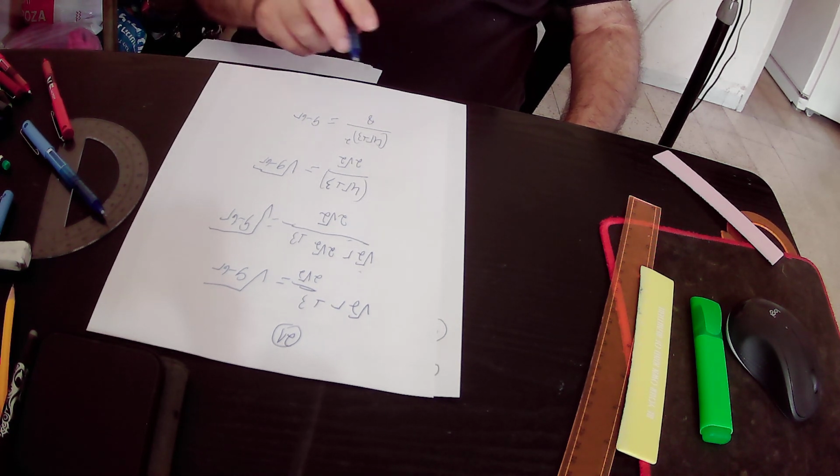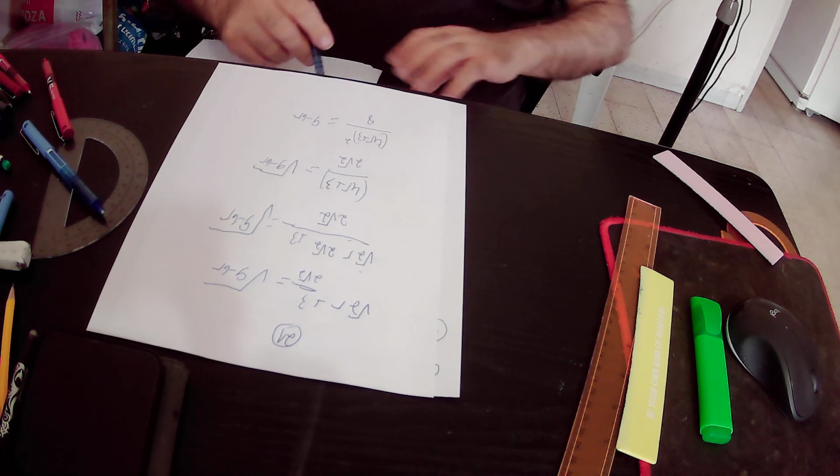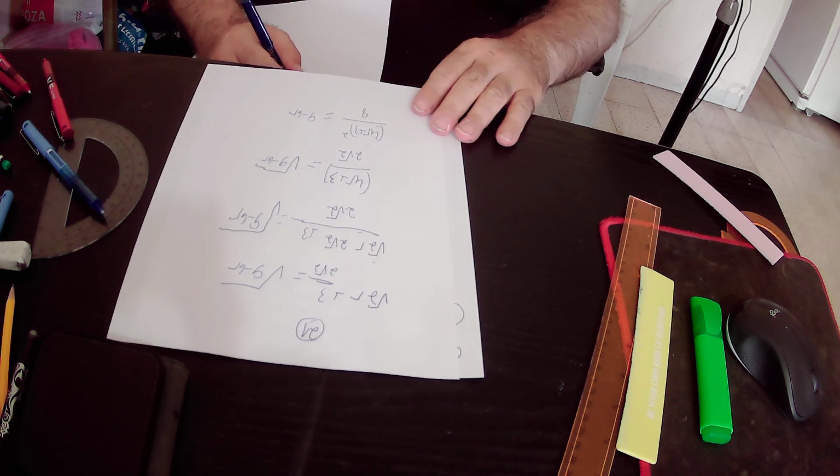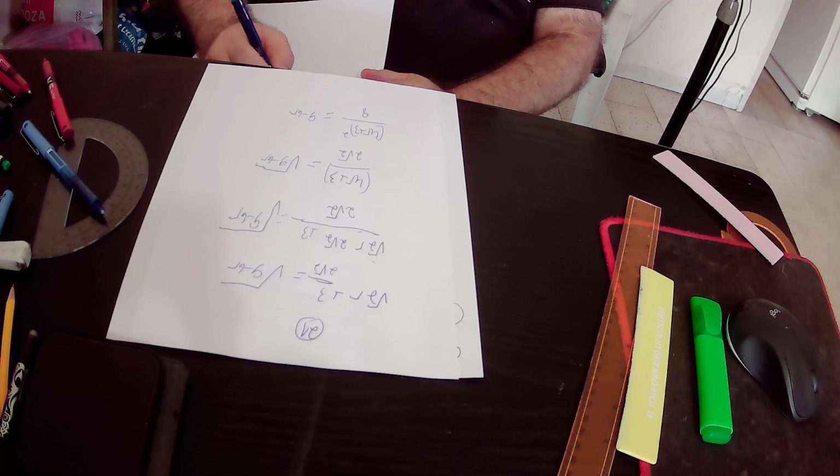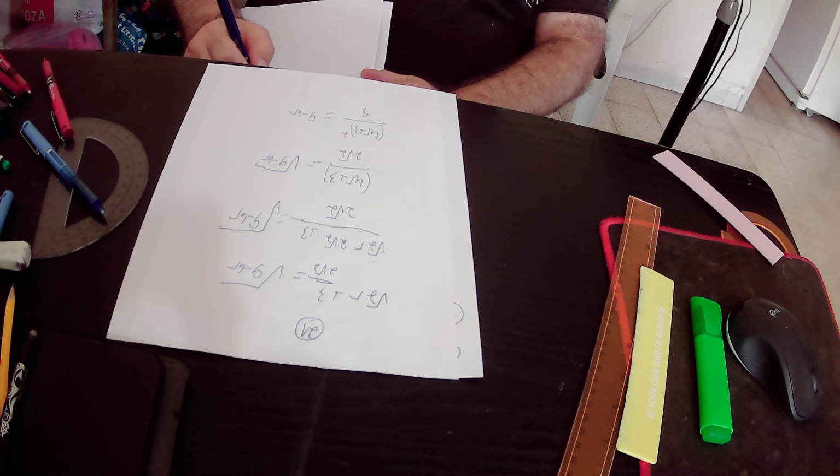So here we will multiply this equality by 8, and we will get that 4R plus 3 squared equals 8 times 9 is 72, 8 times minus 6R is minus 48R.